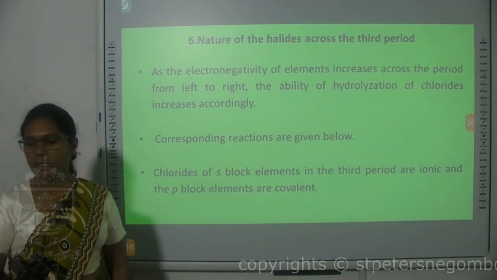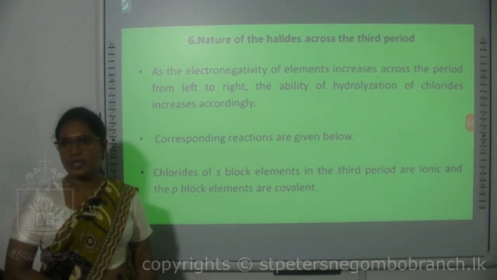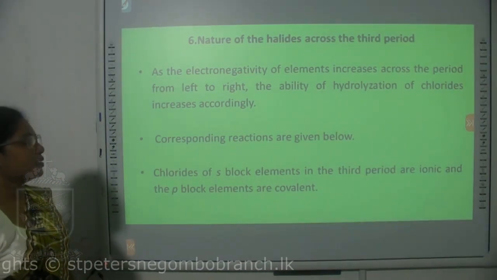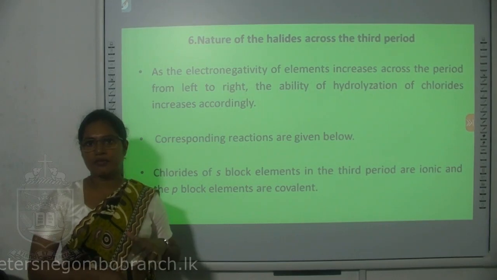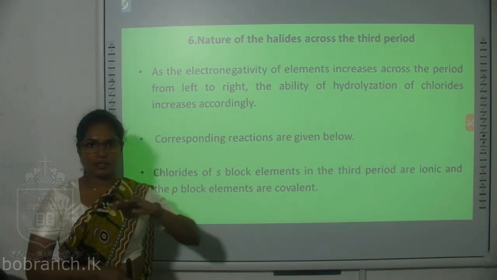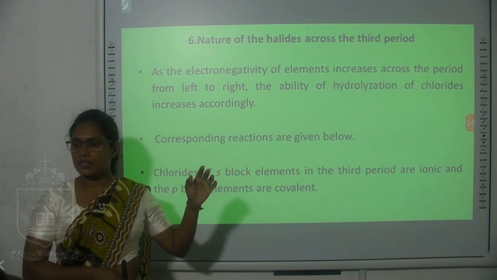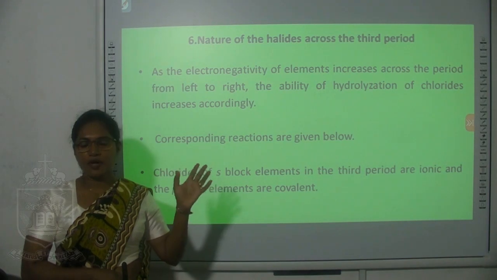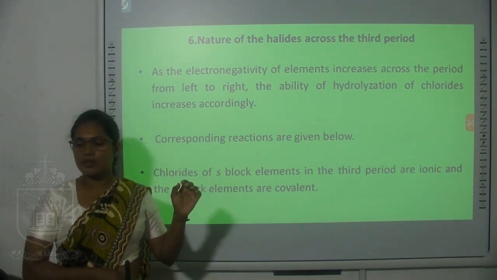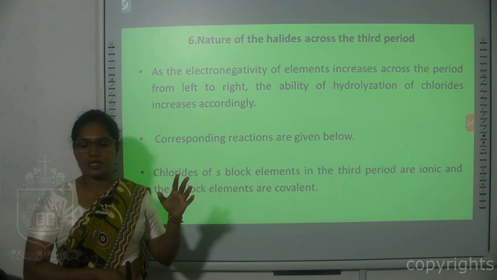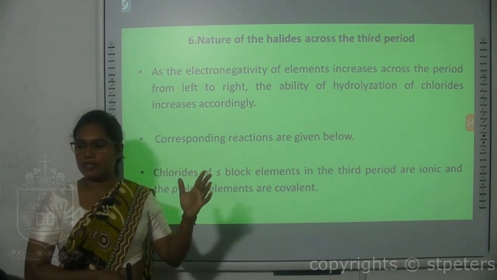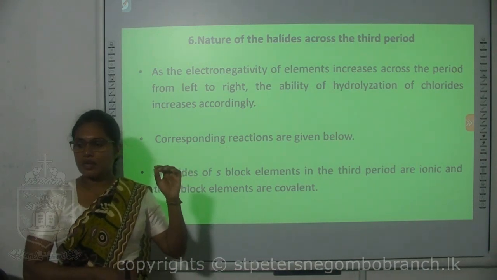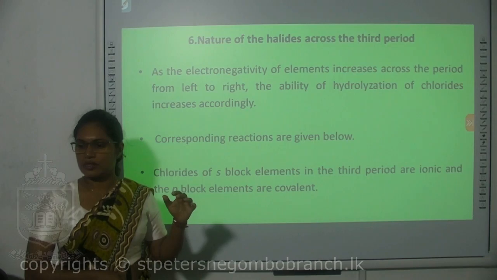Now let's take the nature of halides across the third period. As the electronegativity of the elements increases along the third period from left to right, the ability of hydrolysis of chlorides increases, because the electronegativity increases and also the hydrolysis ability increases.